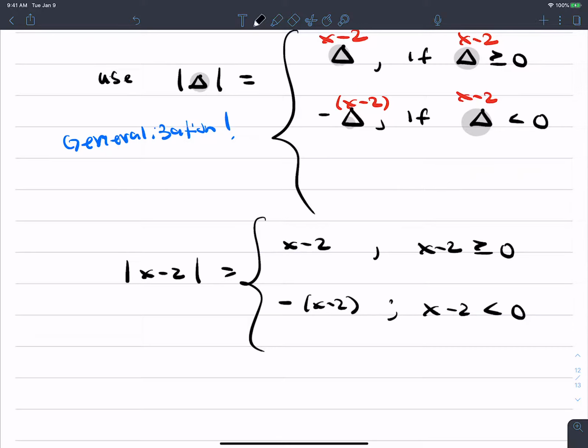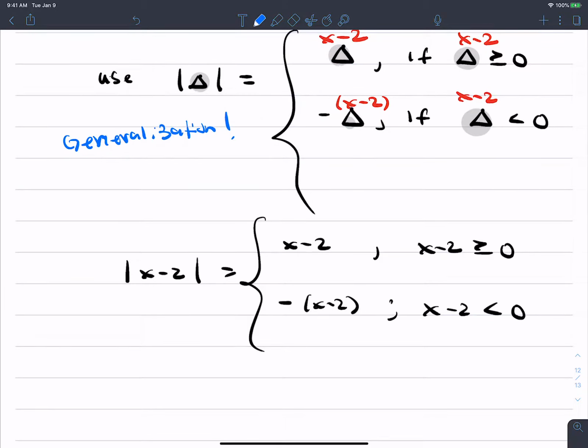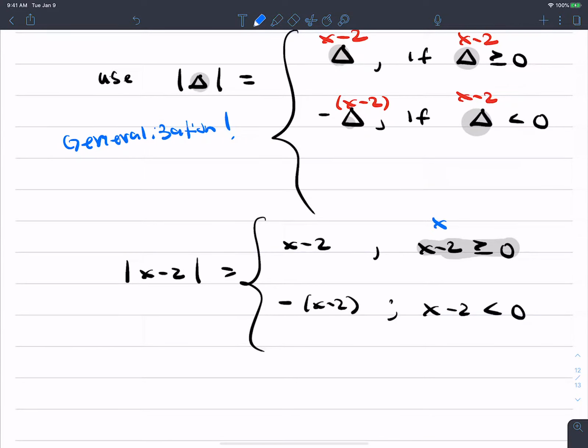This is how we define the absolute value of x minus 2. Now, pay attention to this. When do we use the top? When x minus 2 is greater than or equal to 0. If I add 2 to both sides, that means when x is greater than or equal to 2. That's when I use the top.